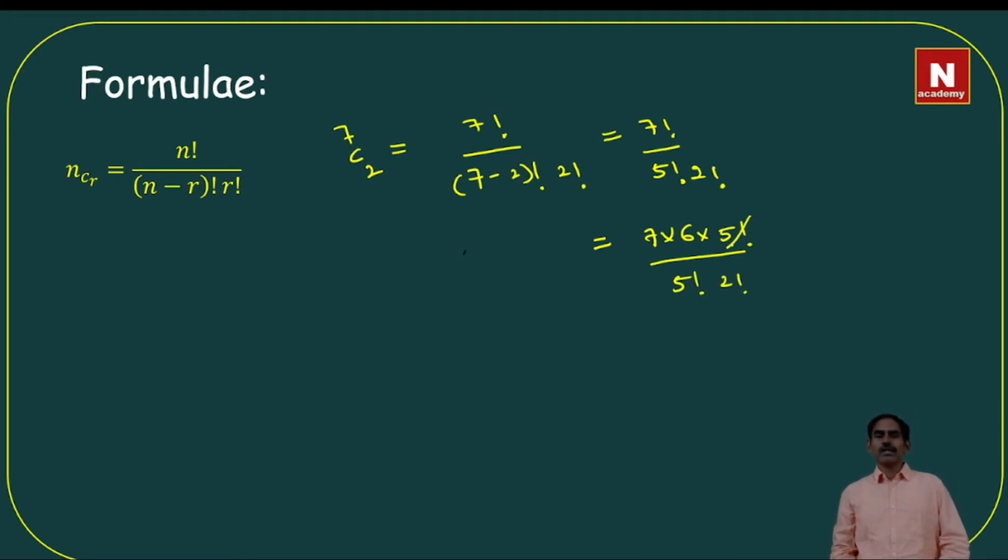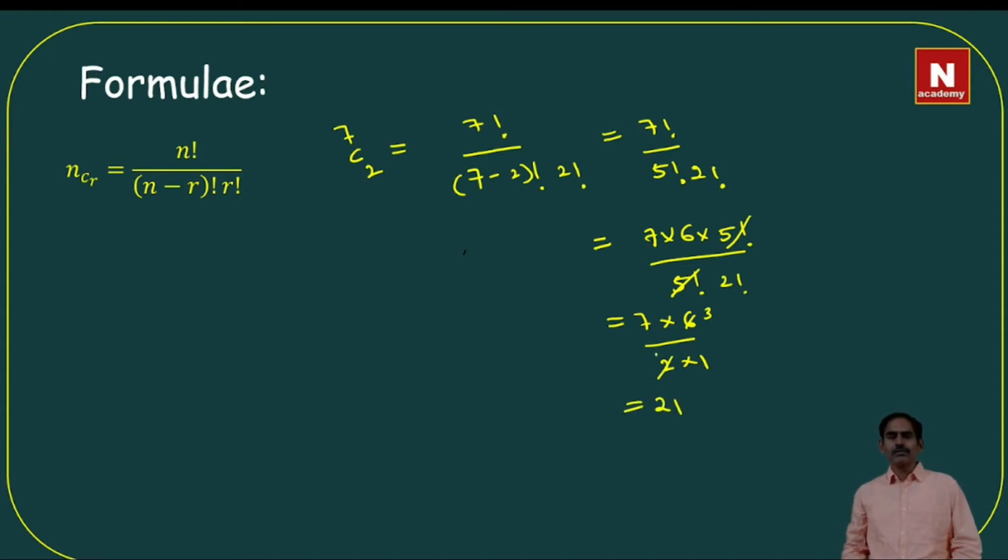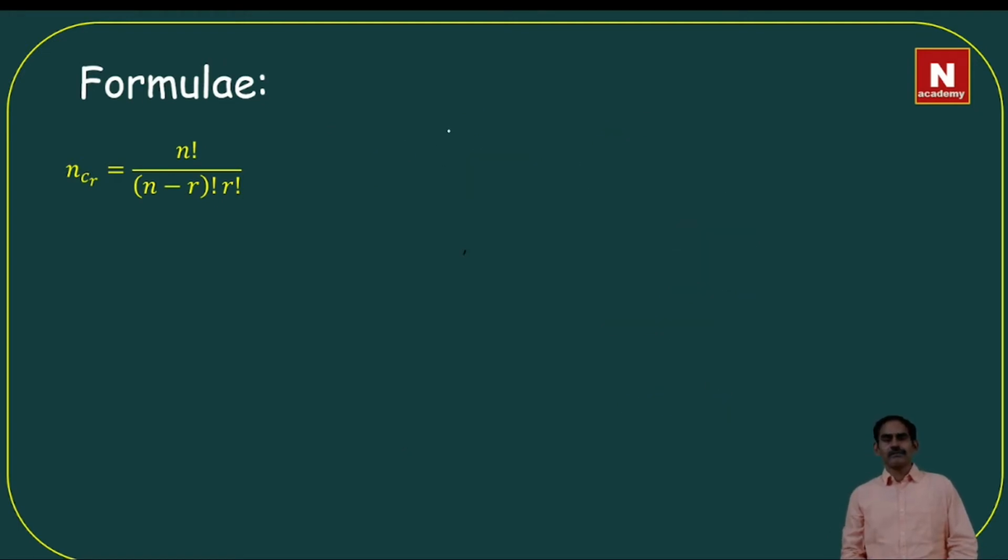Now 5 factorial gets cancelled. 7 into 6 by 2 into 1 equals 21. Therefore, the 7C2 value is 21.